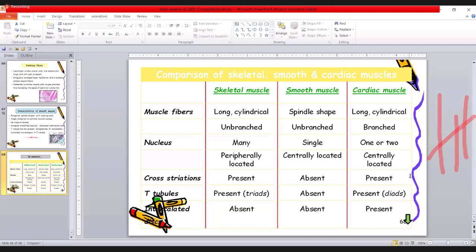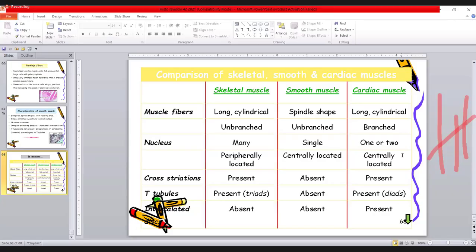Like cross lines. It looks like alternating light and dark bands, right? There's one light band, one dark band, one light band, one dark band, due to the arrangement of actin and myosin. That's all. Alternating light and dark bands are known as striations. So that is present in both skeletal and cardiac muscles.